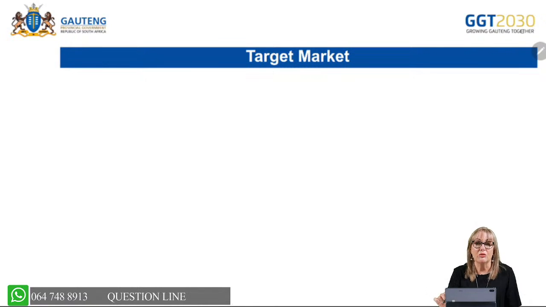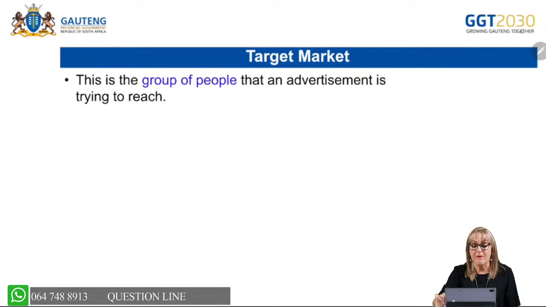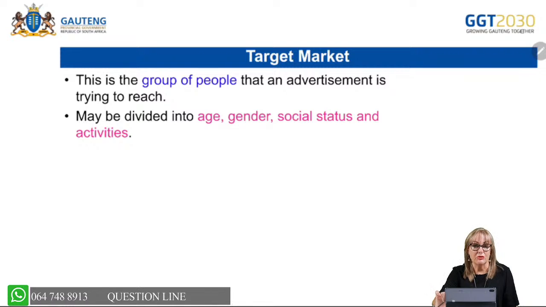The next thing that we must focus on with advertisements is the target market. Every single ad has a target market in mind. It means the group of people that they're trying to reach. And that could refer to age or to gender, to social status, and all the activities that you do.